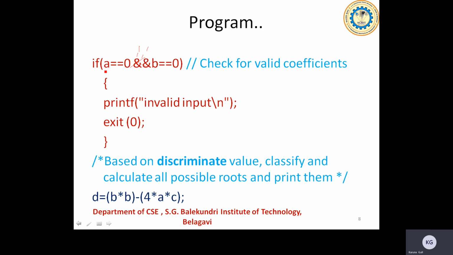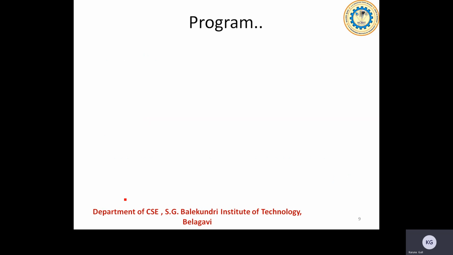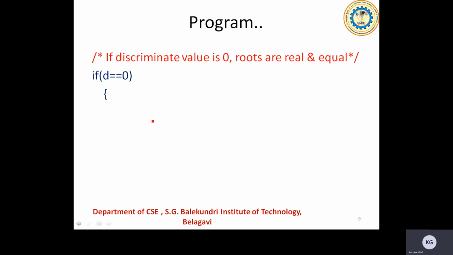Now if whatever coefficients we have read here are all valid, then we'll go ahead with the calculation of the discriminant. How do we calculate the discriminant? The equation for the discriminant is b square minus 4ac. So this is the C expression that we have written for the calculation of the discriminant. Once we calculate this, depending on the discriminant value, we'll be calculating the roots of the given quadratic equation.